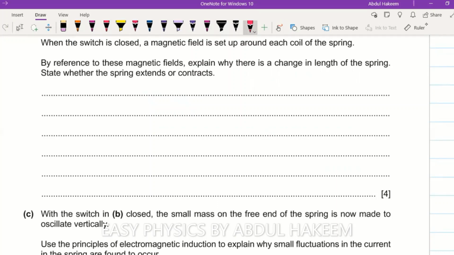When current is supplied, there is a magnetic field around each loop of the coil.